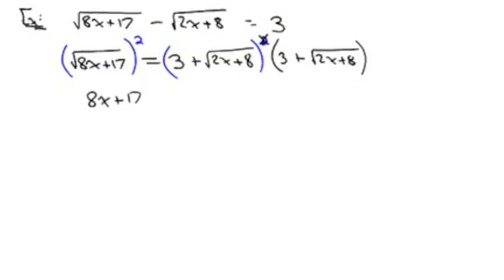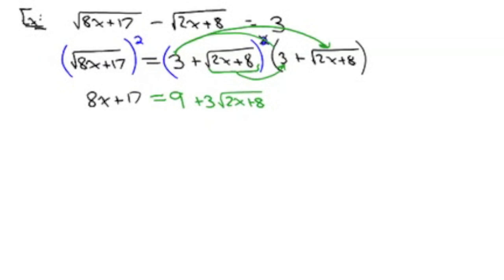First step, FOIL. 3 times 3 is 9. 3 times the square root of that mess, so this would be plus 3 square roots of 2x plus 8. And then we're done with the 3, so the next one up is the square root of 2x plus 8 times 3, better known as 3 times the square root of that mess.